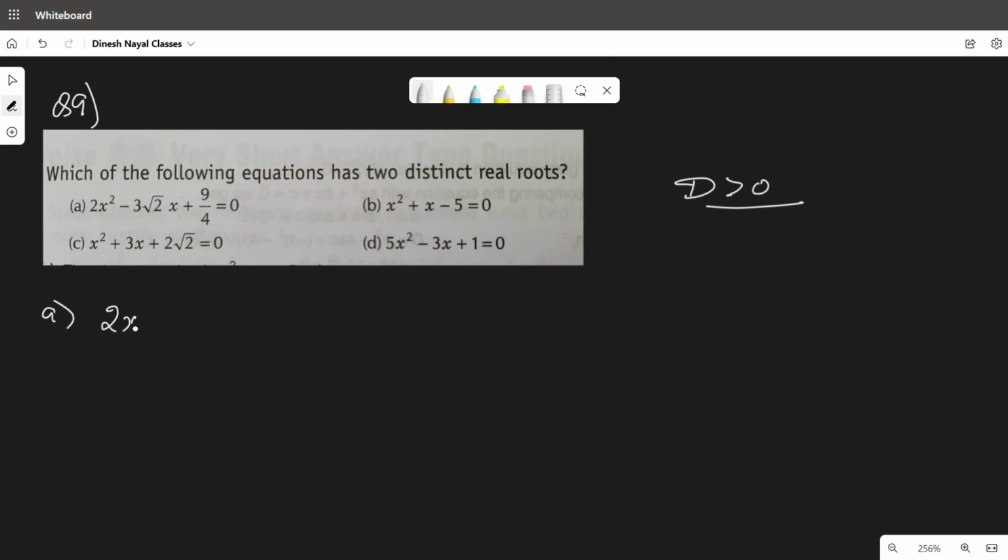Starting with A, 2x square minus 3 root 2x plus 9 by 4 equals 0. Now over here, A is 2, B is minus 3 root 2, and C is 9 by 4.